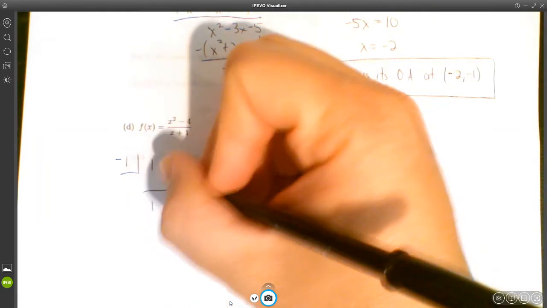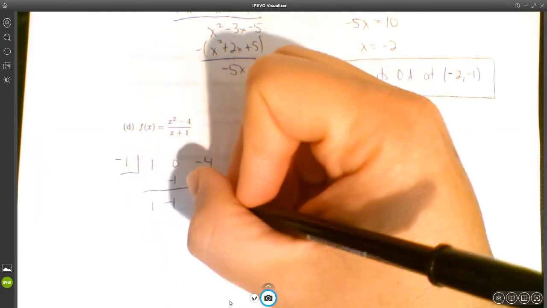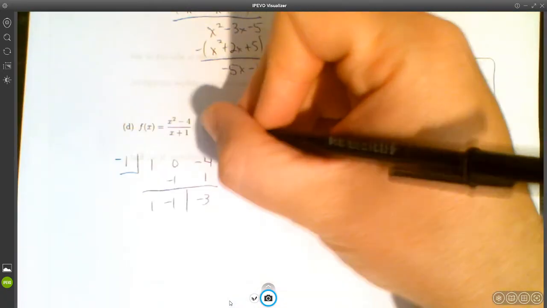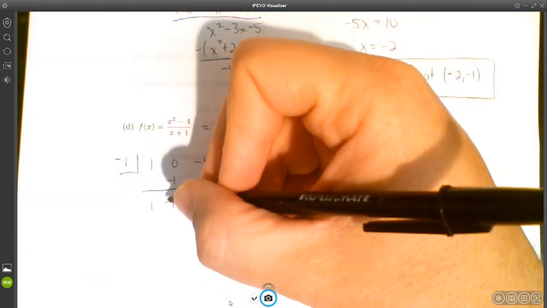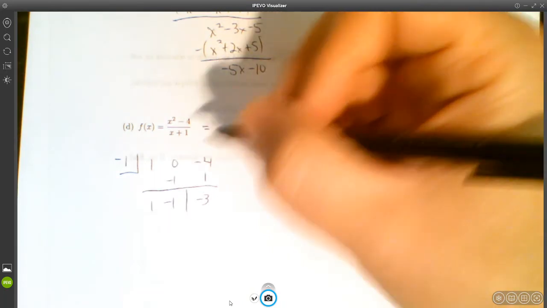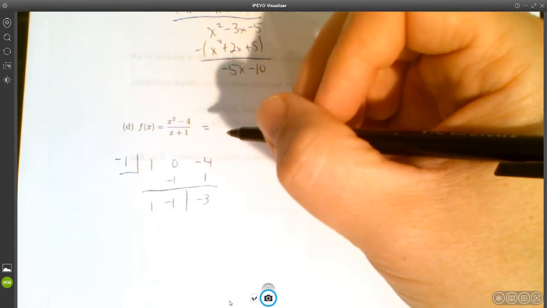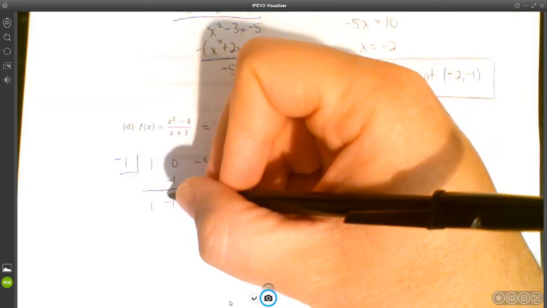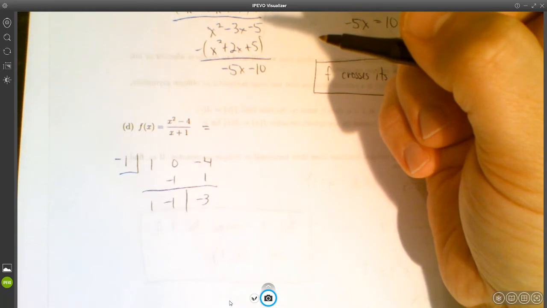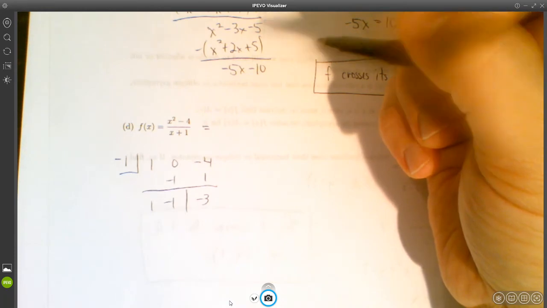So 1, negative 1, negative 1, 1, and negative 3. So f of x is really x minus 1.